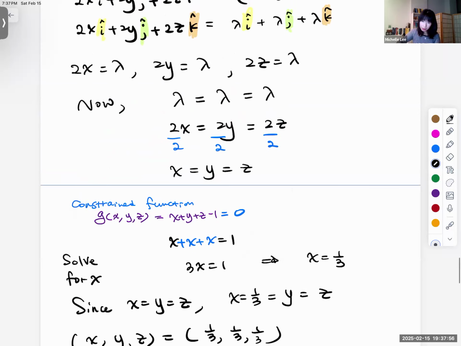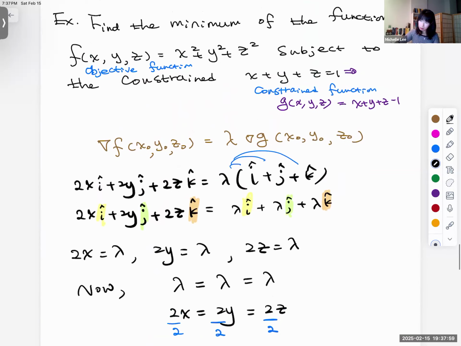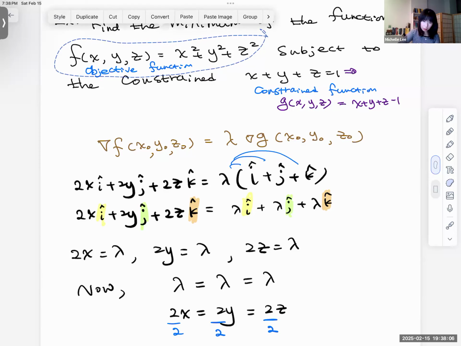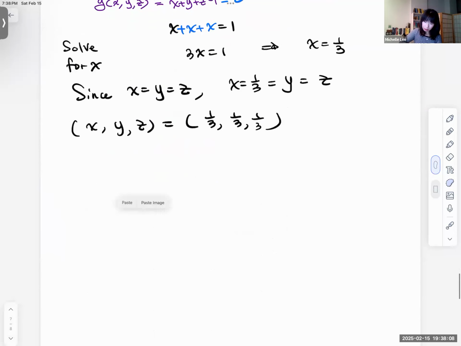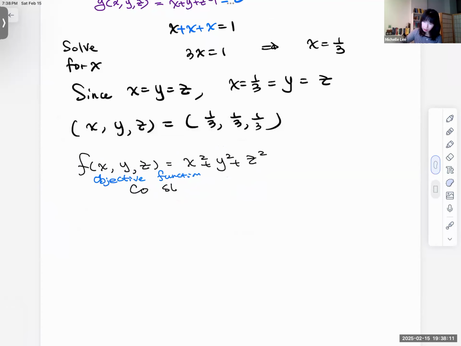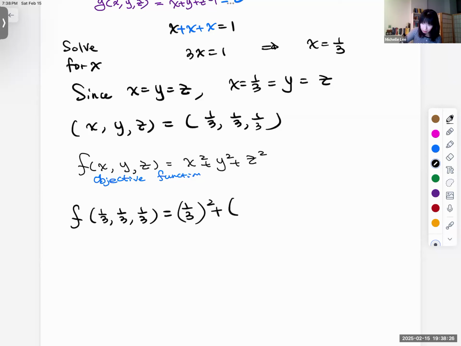So the objective function, I should copy it earlier. So we have f of (1/3, 1/3, 1/3), which is 1/3 squared plus 1/3 squared plus 1/3 squared.